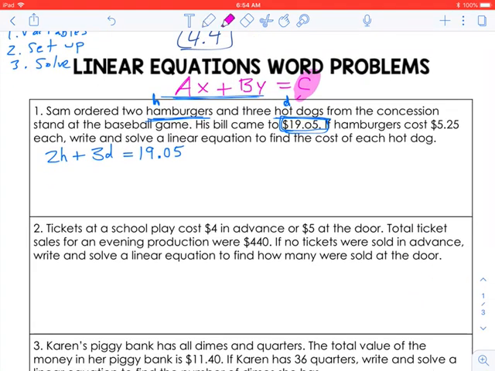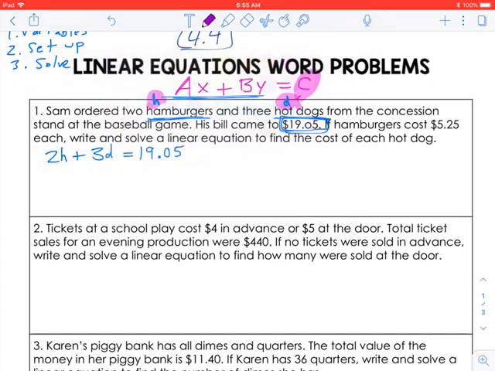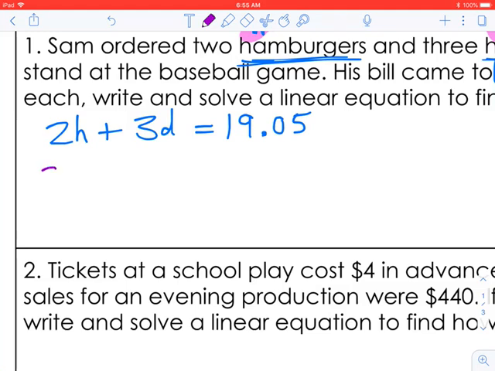So I've got my variables, I've got the equation set up, and now I can go ahead and solve using the other piece of information, which is that hamburgers cost $5.25 each, and solve the equation to find the cost of a hot dog. So I'm plugging in $5.25 for H. Instead of 2 times H, it's going to be 2 times $5.25.